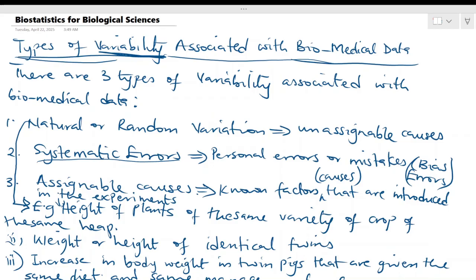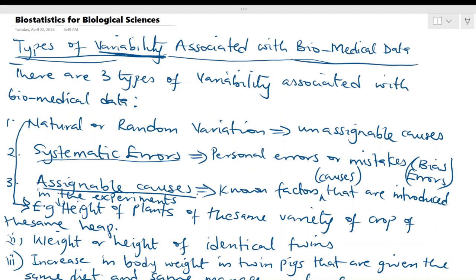Okay, so they are known factors, and that's why it is referred to as what? Assignable causes. They are variability caused by known factors that are introduced, so the researcher is quite aware of such factors.